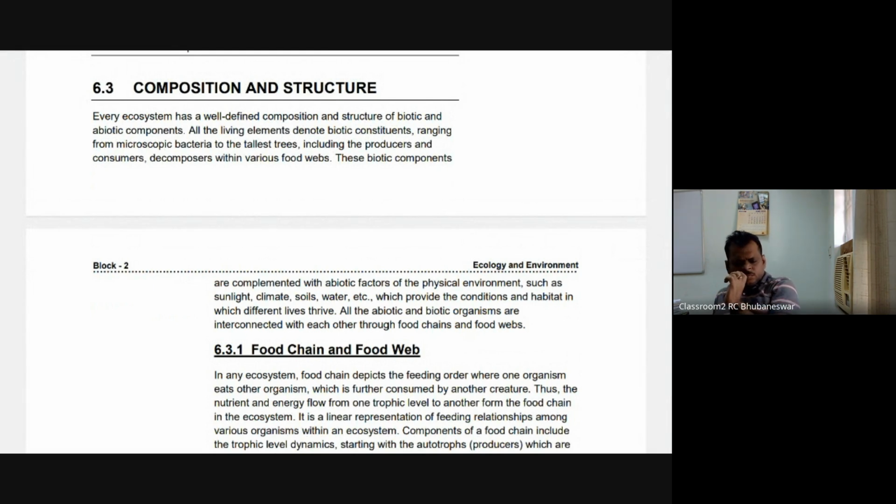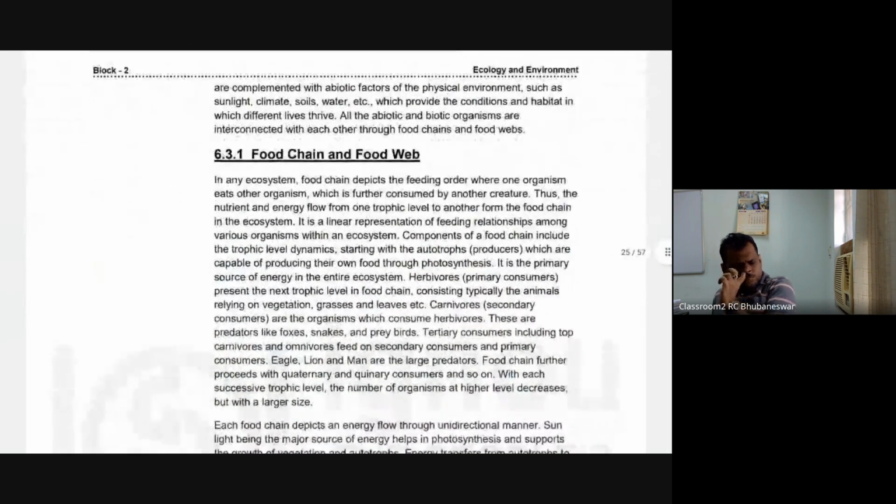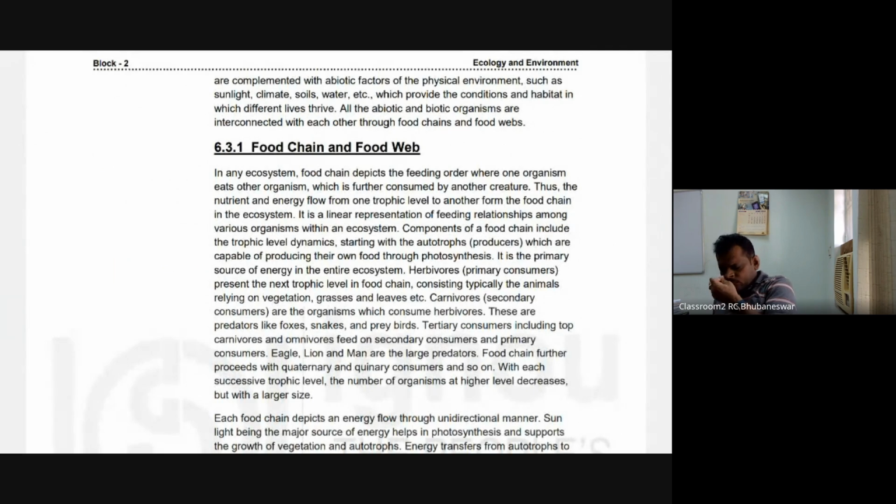Then, composition and structure of the ecosystems. Let's first understand the food chain and food web. What is a food chain? A food chain is a systematic feeding order where one organism eats another organism, which is further consumed by another creature.